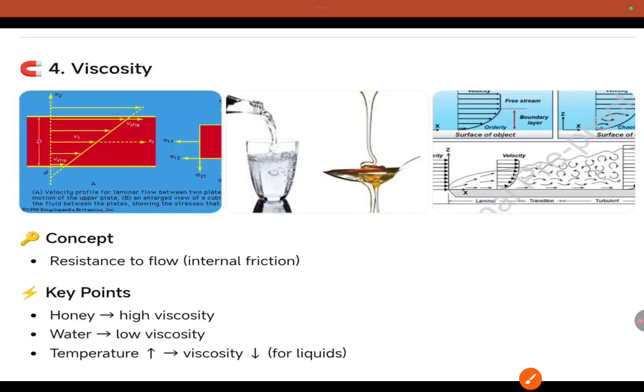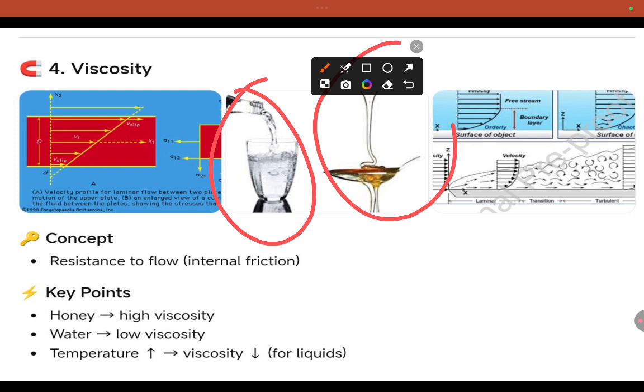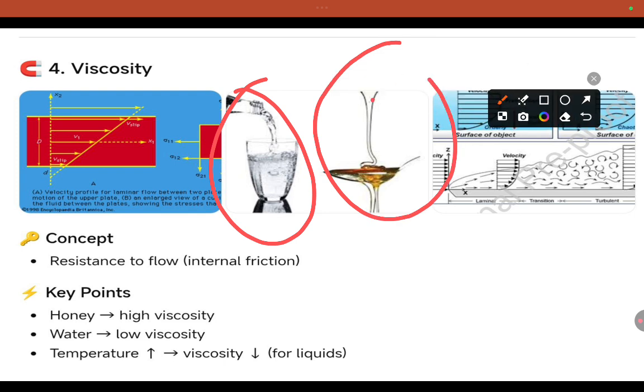Then what is viscosity? Take water and honey. You can see how honey flows and how water flows. There is a typical behavior you observe in water as well as in honey flow.